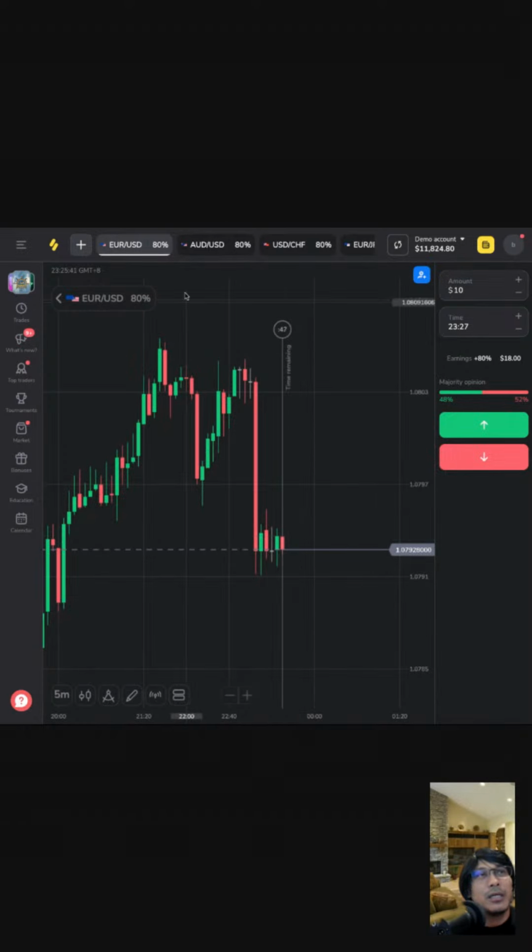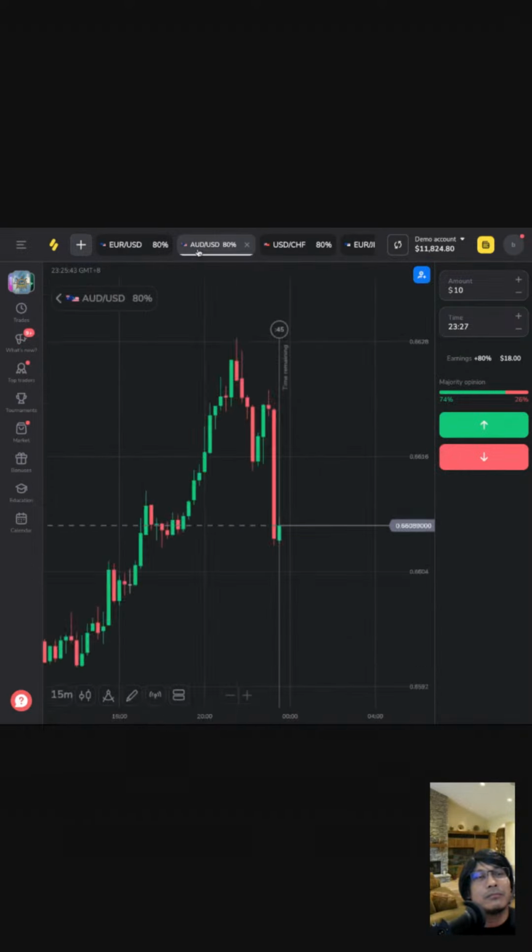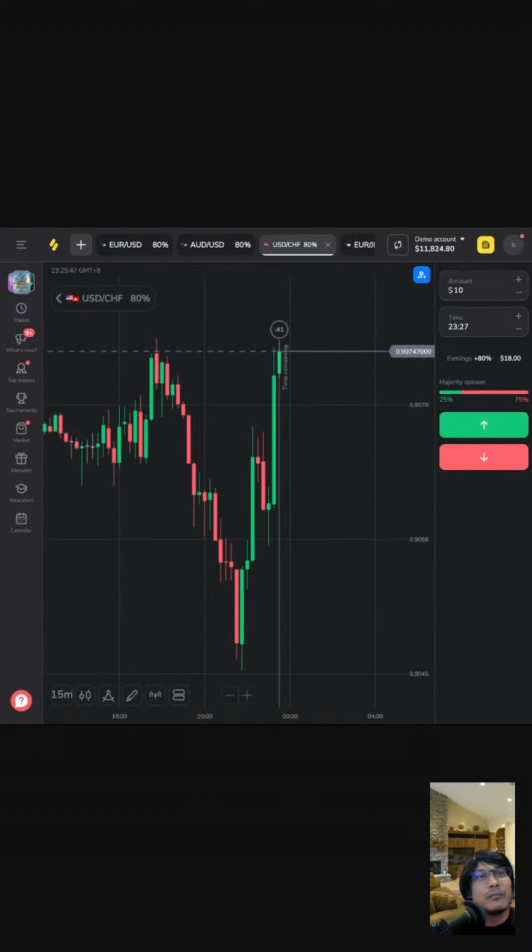Still consolidating. USD CHF. Looks like that resistance is really tricky. It's holding this price right here, not letting it through. Tricky.